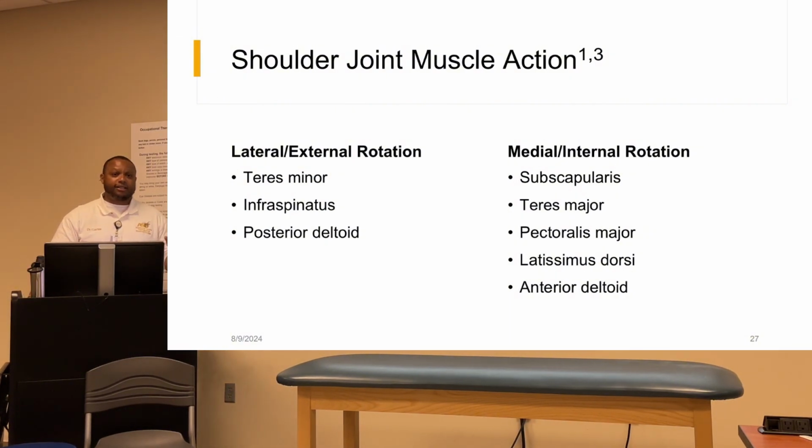So if the person has a tight or hyperactive or taut subscapularis muscle, that could actually mimic what? It can mimic the capsular pattern, right? You can end up seeing a patient that presents with what we call a capsular pattern, where external rotation is more limited than abduction, then followed by internal rotation. So if we see someone who presents with a capsular pattern, we need to check the subscapularis muscle. We need to assess it.